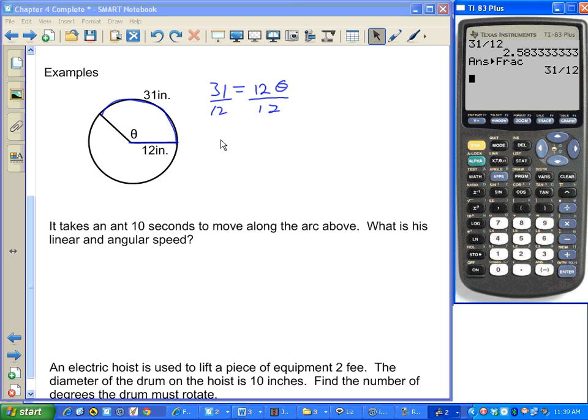So it's 31/12, and that's how many radians this angle is. Because radians can be numbers like that. If you want to think of it as a decimal, it'd be 2.583 repeating radians. Just as a reference, you should always keep in mind what pi is.